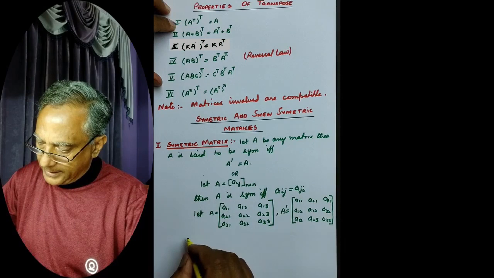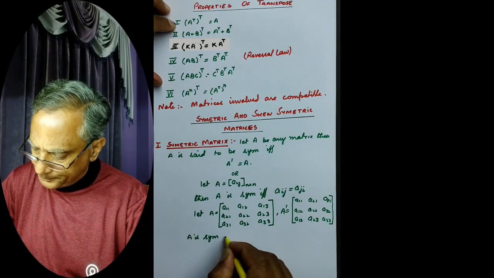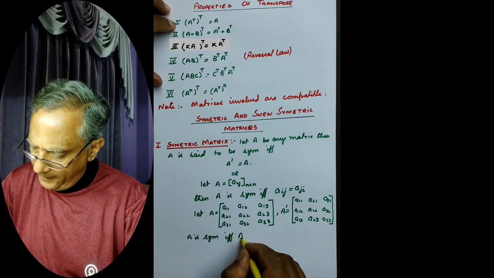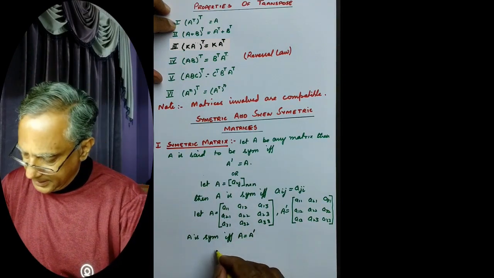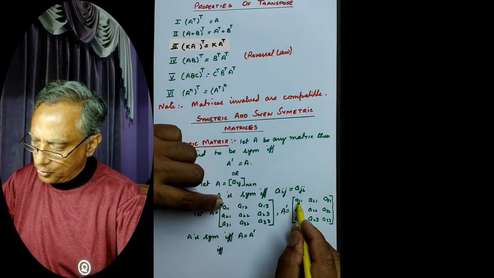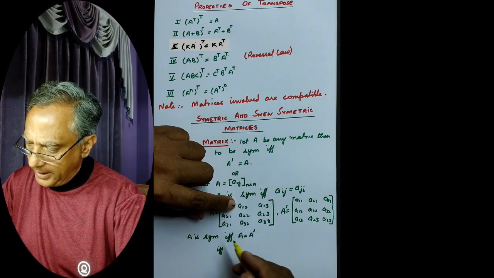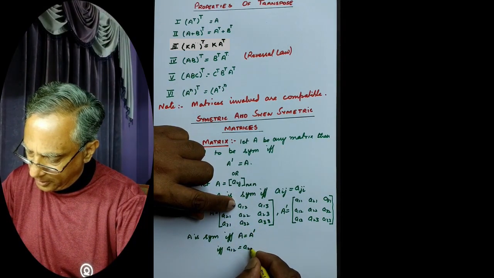Now this matrix is symmetric. A is symmetric if and only if A is equal to A dash. That is, if and only if this entry is equal to this. A11 is equal to A11 and A12 is equal to A21.